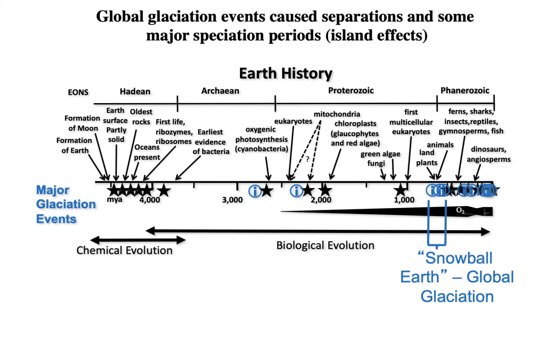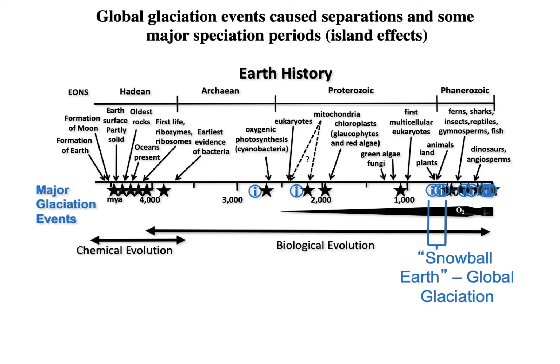Although there are other periods in here, these little blue eyes, where there were major glaciation events. Some of these older ones have been less well documented, but there is evidence for some of those also.